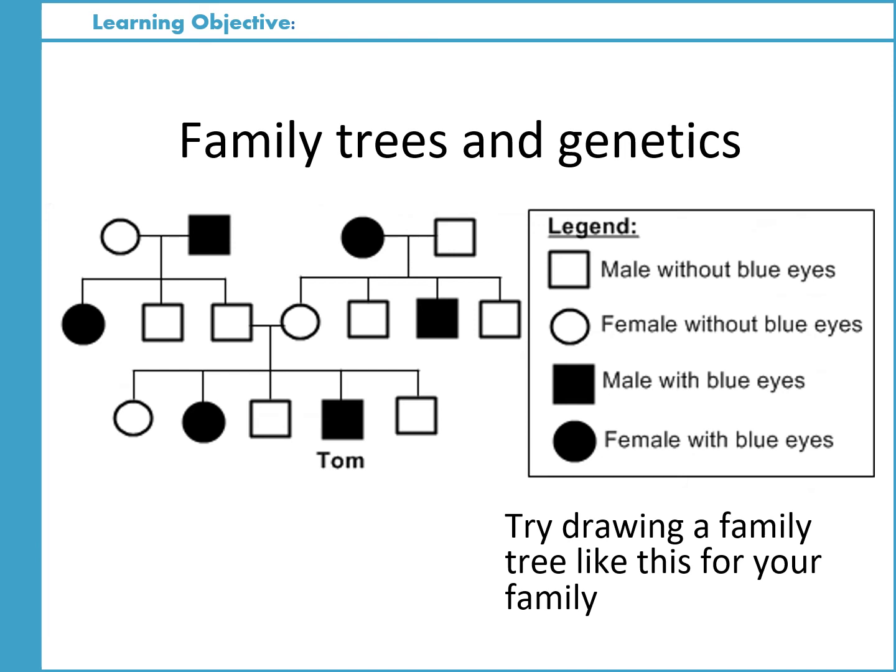So what we need to think about in terms of family trees is what can be inherited, whether it's dominant or recessive, and what that might give you in the next generation. Like I said, they might show you a family tree like this in the exam, but if they ask you to draw a genetic diagram, don't draw one of these. It's so easy to go wrong. You need to draw a Punnett square based on the information that you're given.